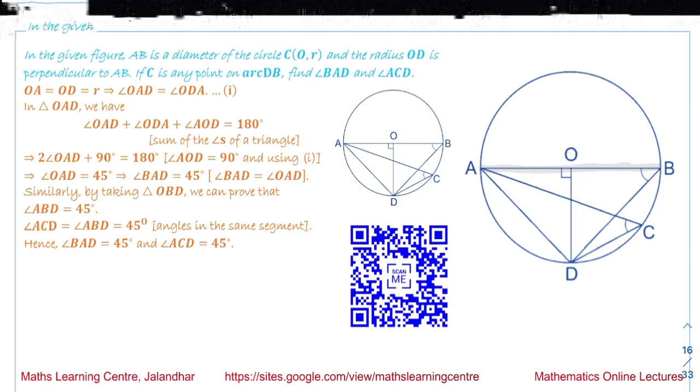Suppose the value of this angle is y, then this arc is also subtending the angle YOZ at the center, and this angle is 2 times y. So what we get is that this total angle over here is 2 times x plus y, that is equal to the sum of these two angles, and this is what we have to prove.